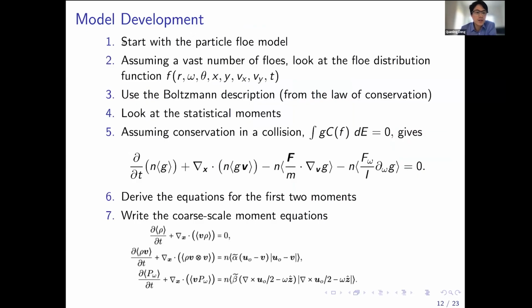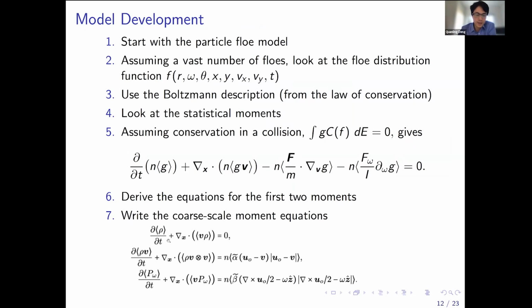So this is a little bit more detail on the development. Particle model, again, looking at the distribution, and then the Boltzmann description during the integration. We end up with an equation like this. And then from here, we do integration again, substituting for G, say, some mass, we get the mass conservation.